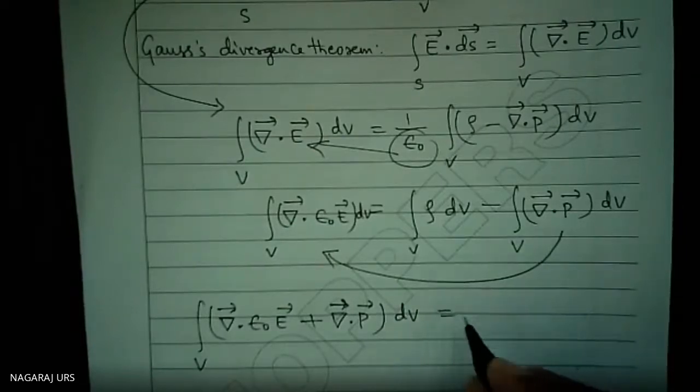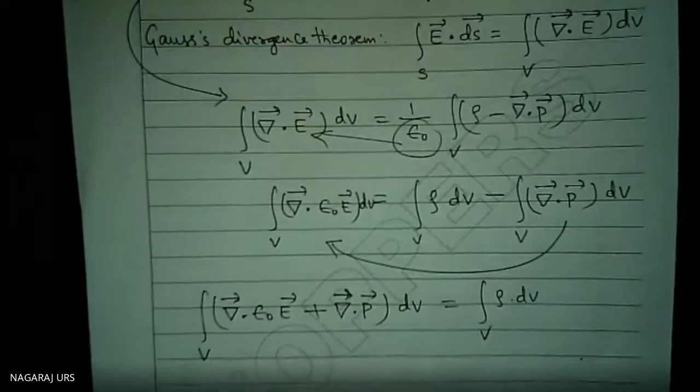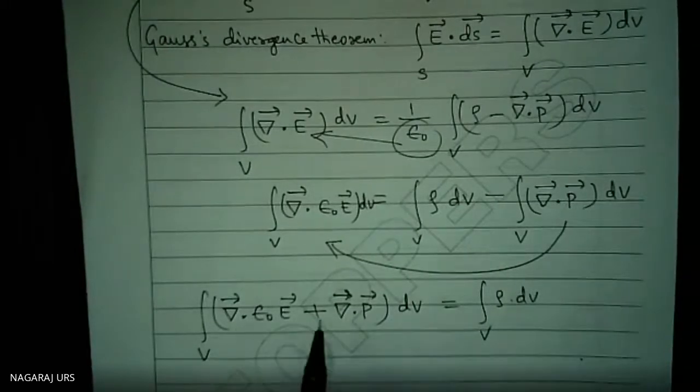is equal to the volume integral of rho dV. Here the del operator is present on both sides, so writing one del operator together is enough.